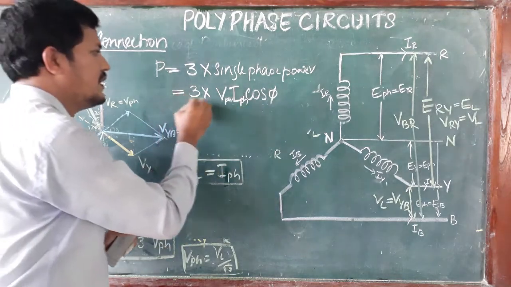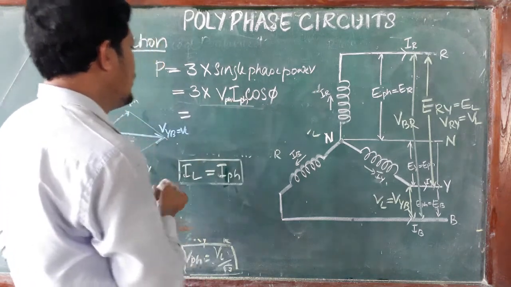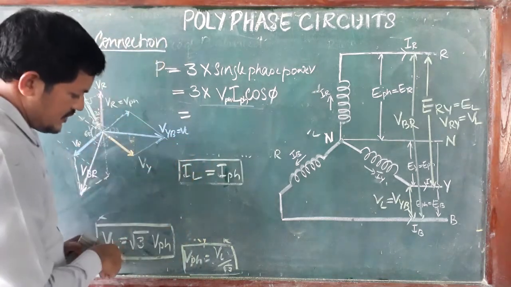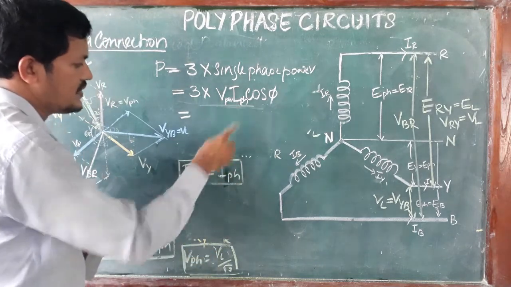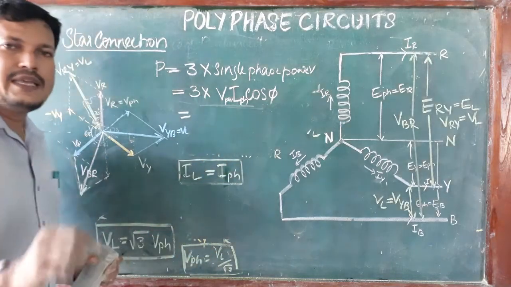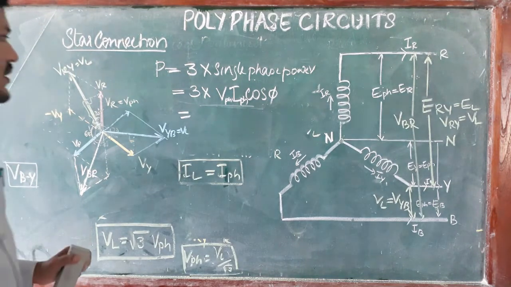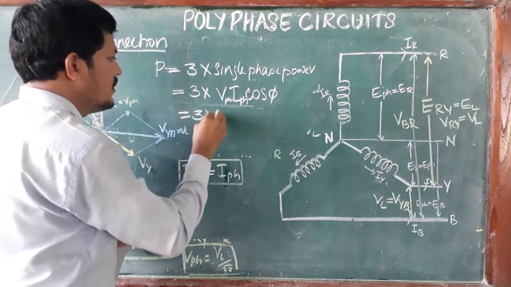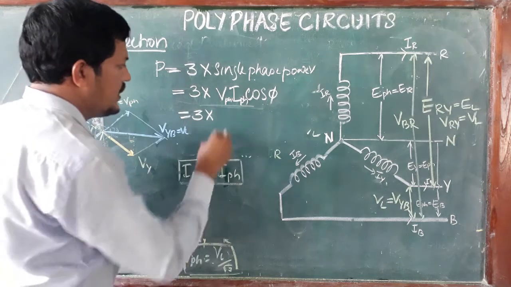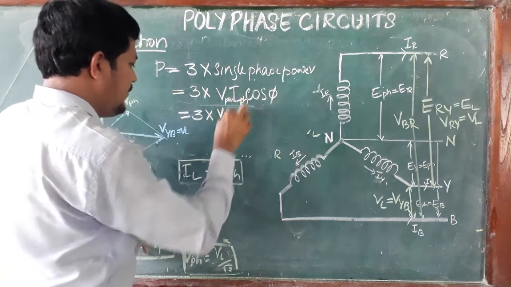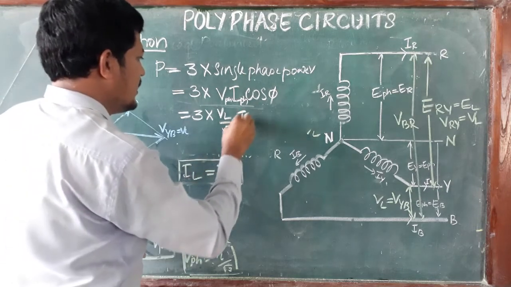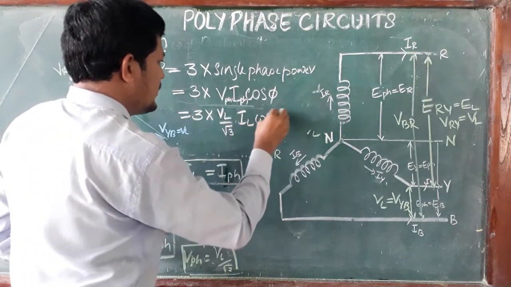We can identify the power with this equation, or we can insert the value of V phase as VL by root 3 and I phase as equal to IL. So instead we can find the power using IL and VL. So 3 into V phase means VL by root 3, and I phase means IL, into cos phi.